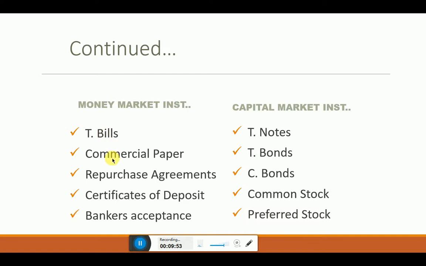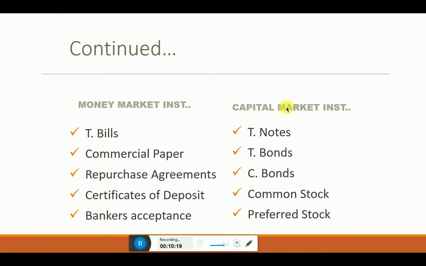Each financial security is used for a specific purpose in the business. And out of these 5, some are equity based and some are debt based.